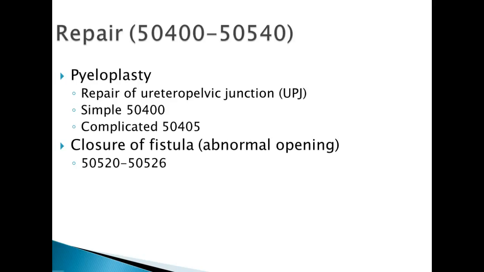Usually, this is a congenital condition, but it may also be an acquired condition. If an obstruction occurs, the urine will not drain, which results in dilation of the collecting system and enlargement of the renal pelvis, or hydronephrosis. The goal of the pyeloplasty is to remove the obstruction and repair the renal pelvis.